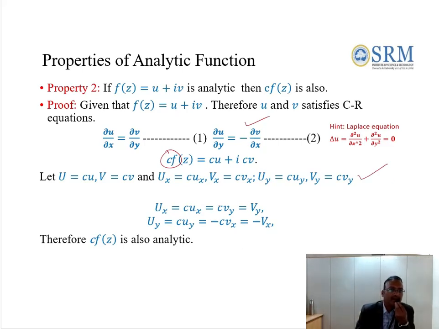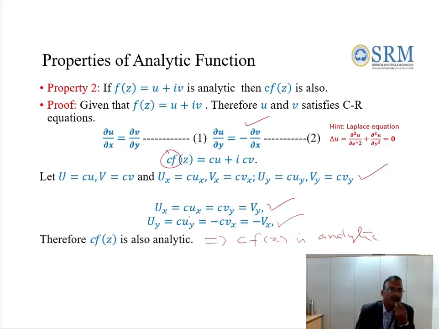If you compare all the partial derivatives, we can see that Ux equal to Vy and Uy equal to minus Vx. Therefore capital U and capital V satisfy the CR equations. Hence c into f of z is also analytic.